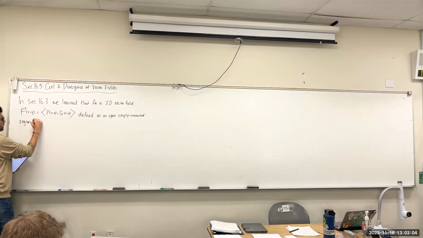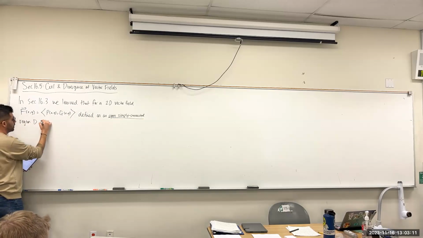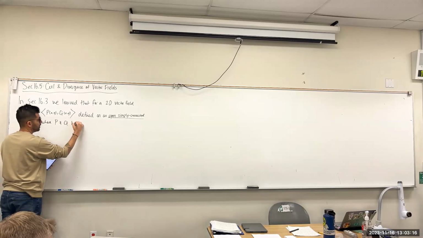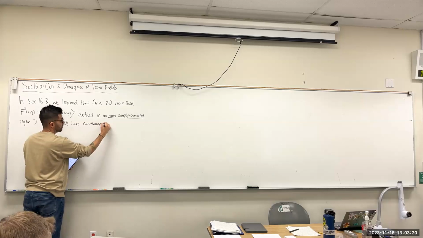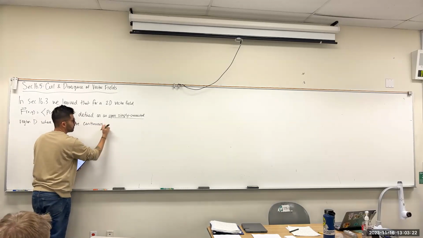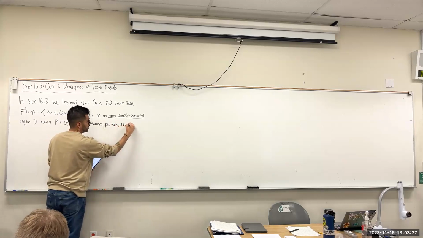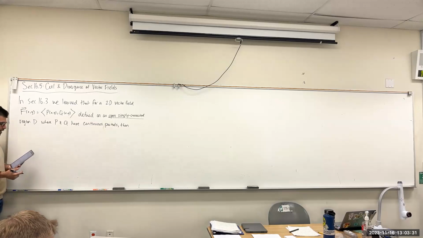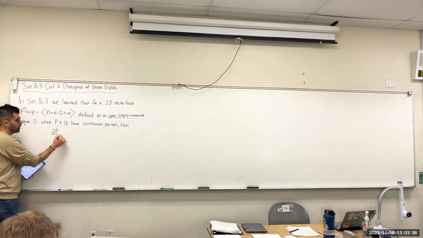Region B, so this is one of the conditions, where P and Q have continuous partials. That was one of the theorems. I guess it was one of the bigger theorems we learned. Then there was a way to check to see if the vector field was conservative.